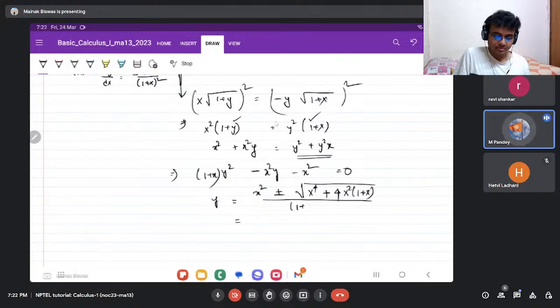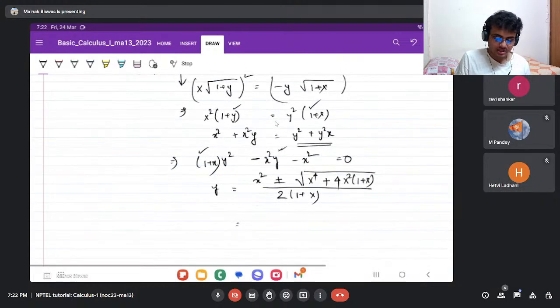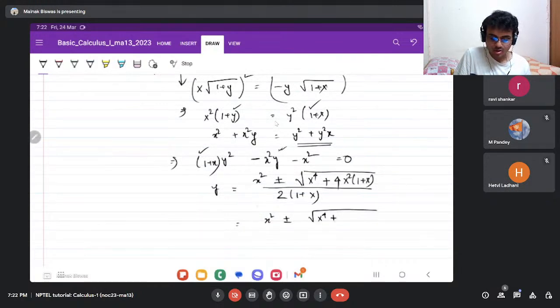Square root, so by 2 into 1 plus x. This is the denominator 2a, this is the other part of y, so y into x square is there, right? So did I copy correctly? Let's see. So x square plus minus, you would have x to the power 4 plus 4x squared plus 4x cube, it is correct only, x cube plus 4x square, right?